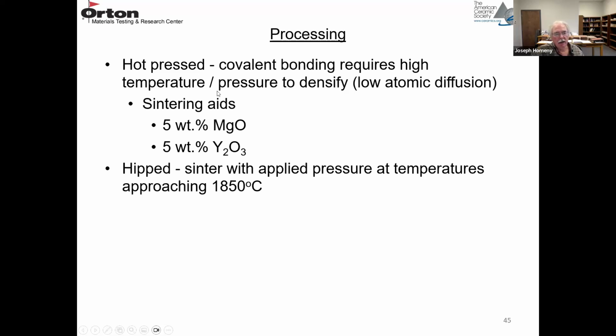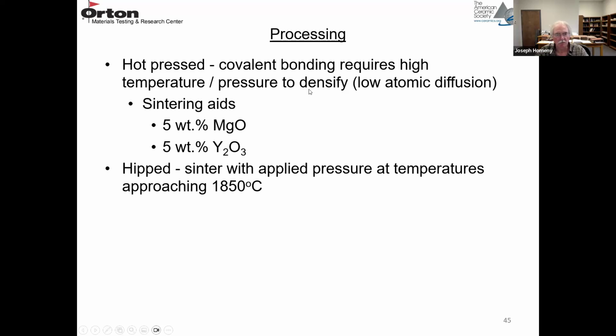You can also add a sintering aid, 5% MgO, 5% yttria. These help densify the material by forming a glassy type material at high temperatures to really aid in a densification process. Hipping is a pressure at high temperatures.